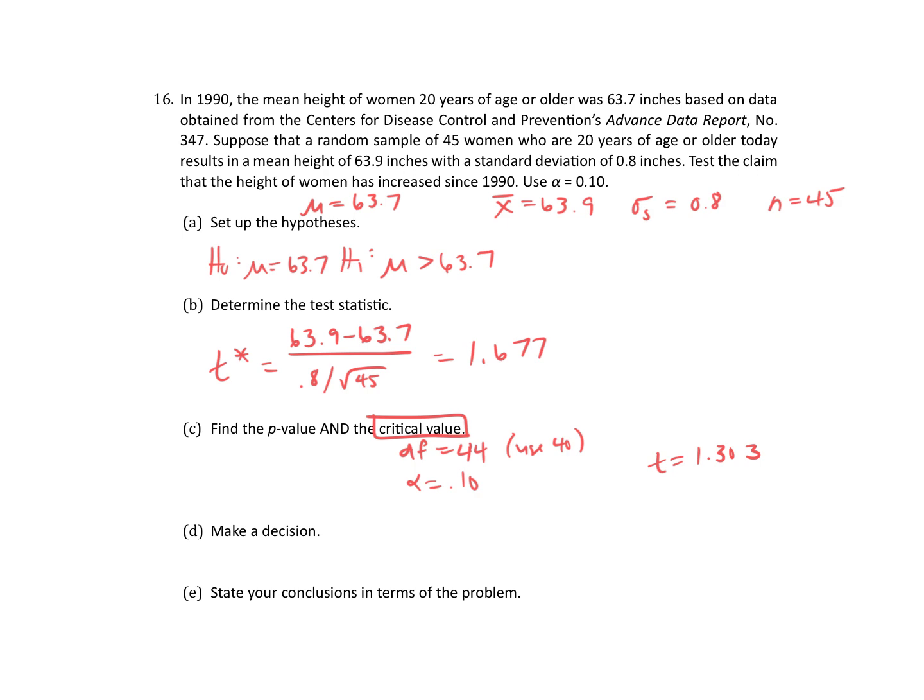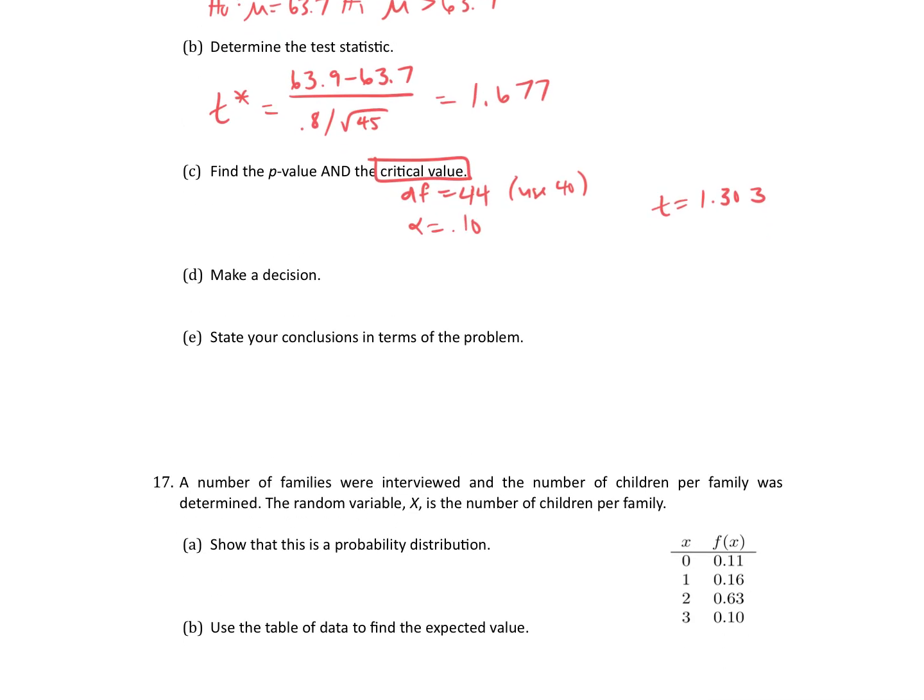Okay, so we're going to make a decision. So when we draw our rejection region, it is what type of test? Right-tailed. So that means we are looking at, that is my rejection region. Does my test statistic fall in that shaded area? Yes, it does.